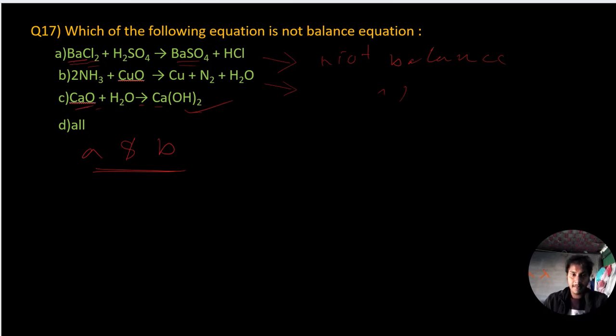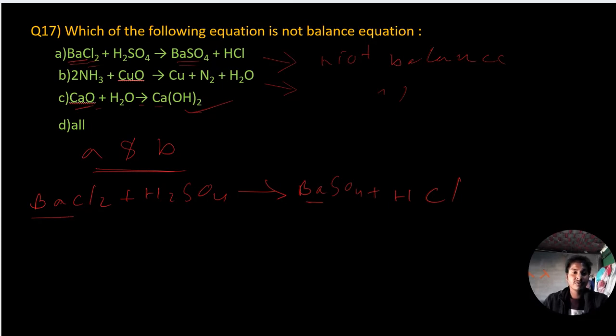So let us balance this equation. That is, BaCl2 plus H2SO4 gives us barium sulfate plus HCl. If we balance it, first we have to balance the metal.